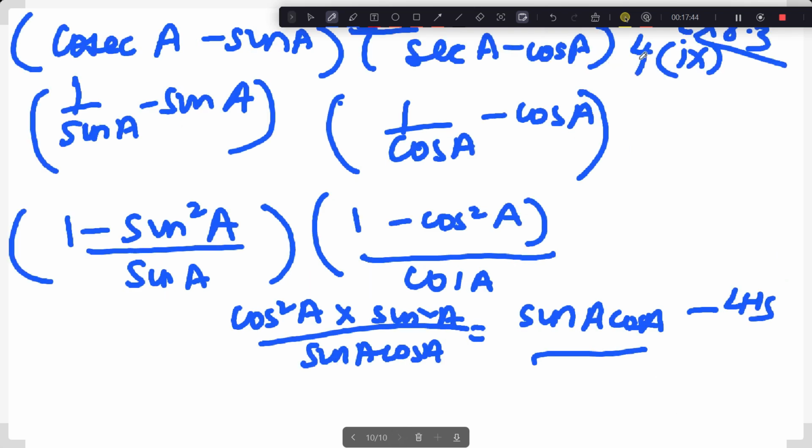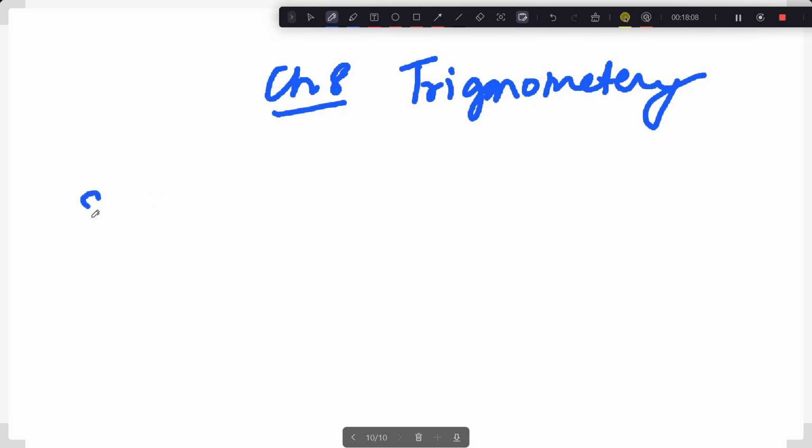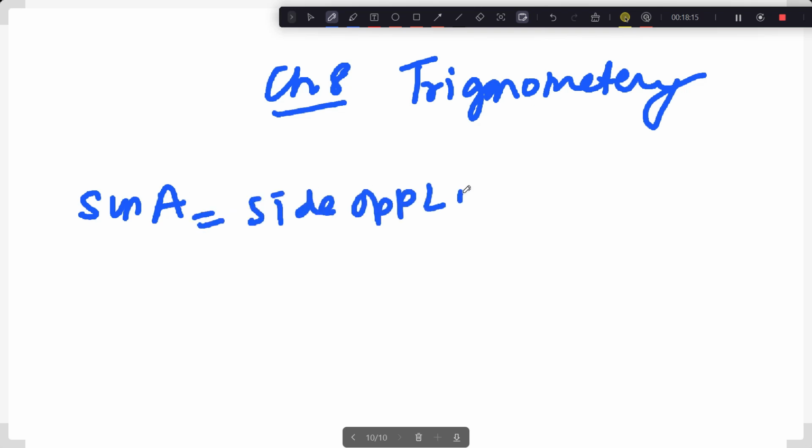Alright. So with this, we are done with chapter 8, trigonometry, which is like introduction to trigonometry, right? So what is the summary? In a right angle triangle, we have studied what is sin A, what is cos A. Very simple, just repeating it for everyone's benefit. Sin A is equal to side opposite angle A divided by the hypotenuse.